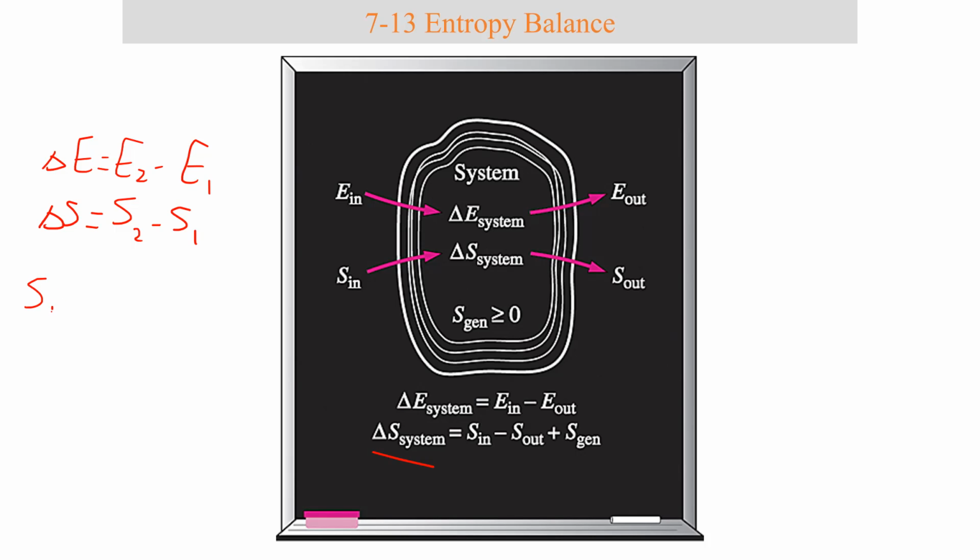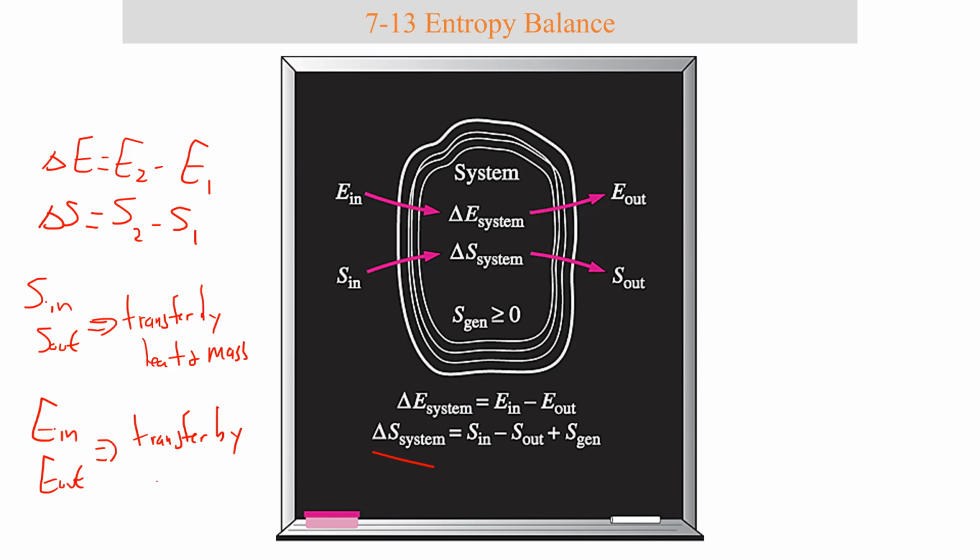The entropy transfer terms, entropy in and entropy out, are basically entropy transfer by heat and mass. Well, it's the same principle as energy transfer, with the exception that energy transfers by heat, mass, and work.